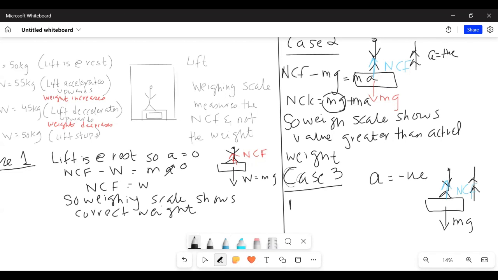So the forward force, the normal contact force, minus the backward force, the weight, equals mass times acceleration. And now this has a negative value. So I'm going to write minus ma, because acceleration is negative. So normal contact force equals mg minus ma.